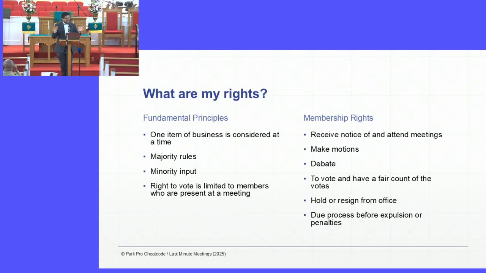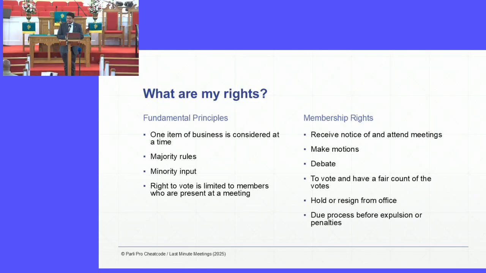That's the overarching principle of why we're doing some of the things we're going to be talking about today. And quickly, on the rights of a member of an organization: there are basic rights, like receiving notice and being able to go to a meeting. People need to know when the meeting's going to happen. When you're at that meeting, you should be able to put proposals out there, which is called making a motion.